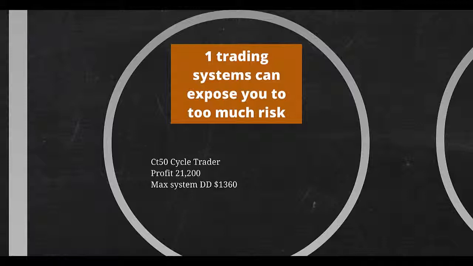So if you have one system, like we showed you previously with CT50 Cycle Trader, it had a profit of $21,200 for last year. Its max drawdown was $1,360, but there were times during the year when that system wasn't trading. So effectively, when you're trading that strategy, you know that at some point that system's going to have a drawdown, and for you not to exceed your maximum drawdown, you may have to turn that system off.